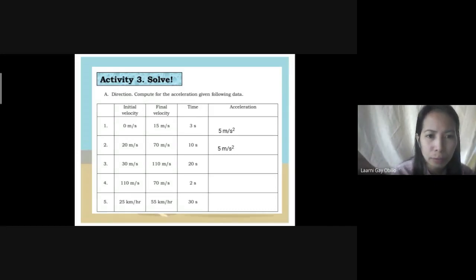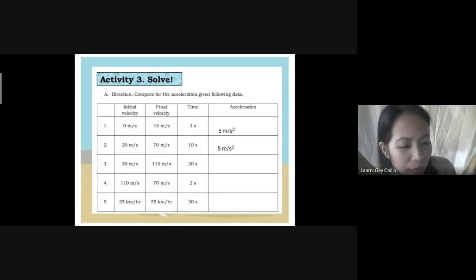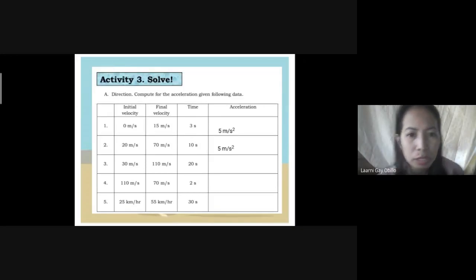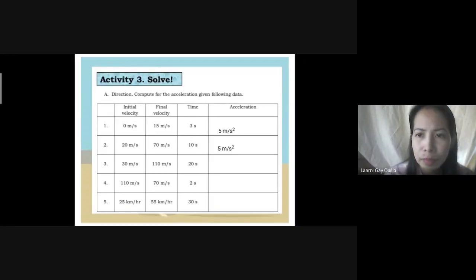Okay. For number 3, 110 minus 30 equals 80 divided by 20.